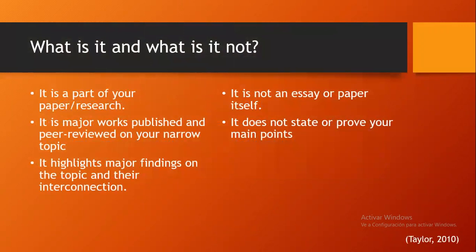It is important to understand that any type of literature review is not an essay or paper. It is a part of your paper. It is about reviewing major works that have been written on a narrow topic of your choice, but it doesn't state or prove your main points. It demonstrates main findings on the topic and their interconnection.